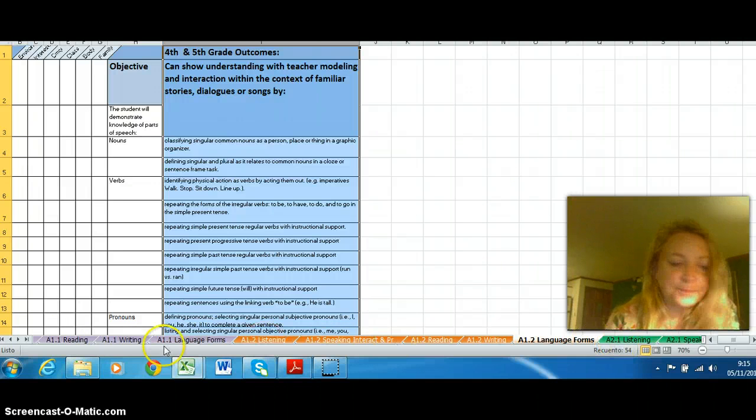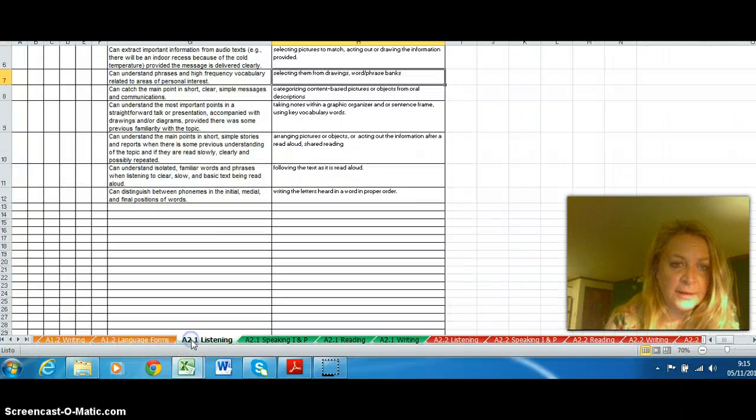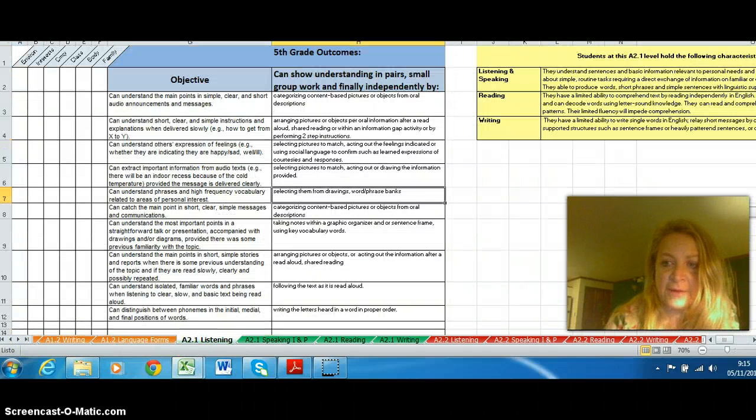And then, let me go ahead and move a little more here. For 5th grade then, I have the skills, the objectives, and the outcomes. And I start each grade at the listening tab with an overall picture of what the students can do at that level.